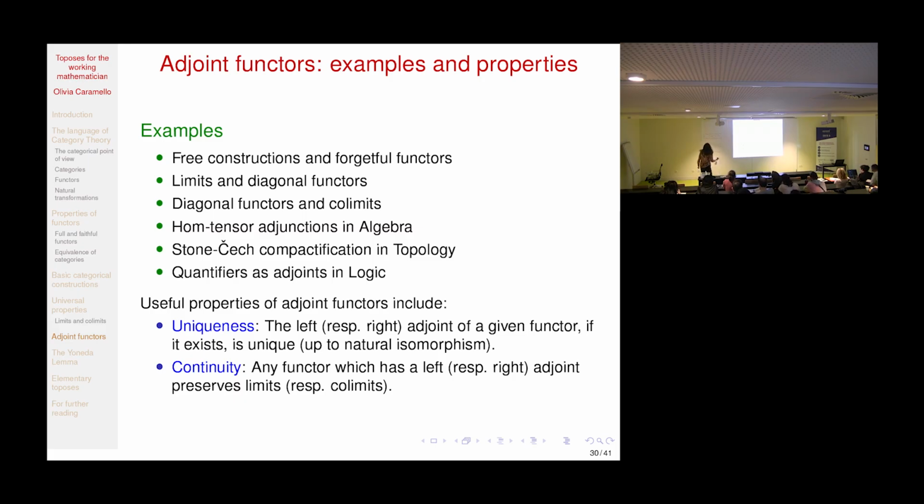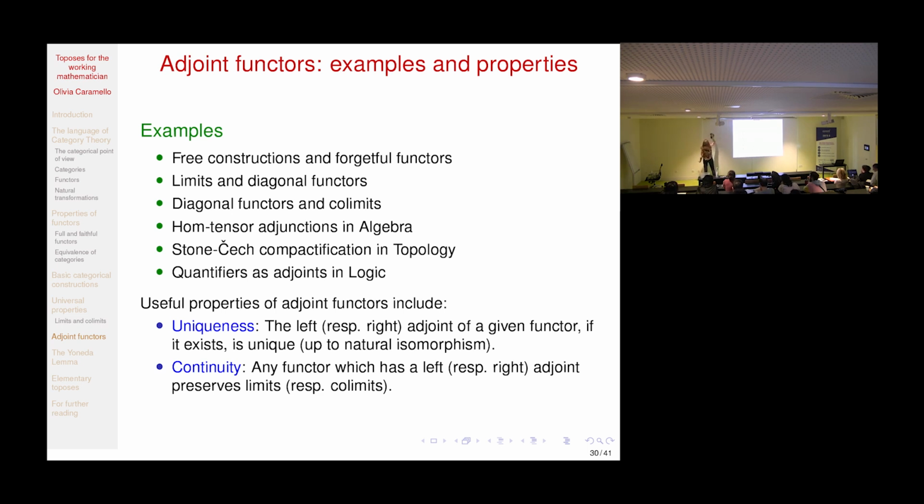Okay, I think that all of you are familiar with free forgetful constructions, at least in the context of universal algebra. For instance, constructions such as the free group on a set.